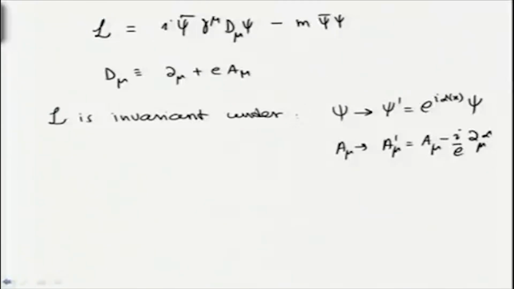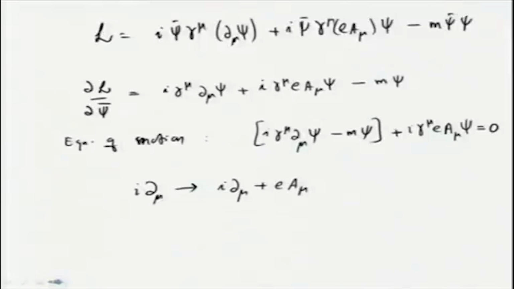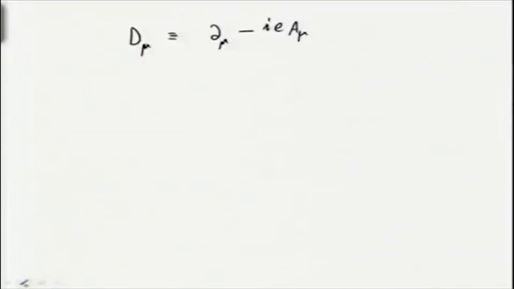Okay. So, if I consider that, then what we have is the transformation that we will consider, which means that I have multiplied the A by a minus i.